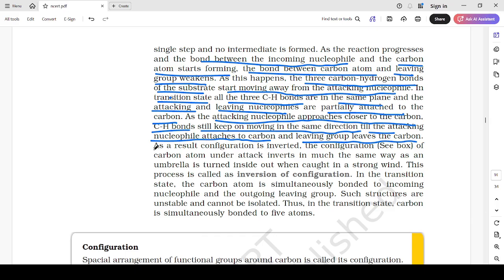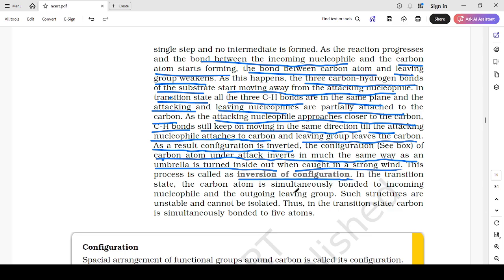As a result, the configuration is inverted. It has got inverted. The carbon atom under attack inverts in much the same way as an umbrella is turned inside out when caught in a strong wind. This process is called inversion of configuration.